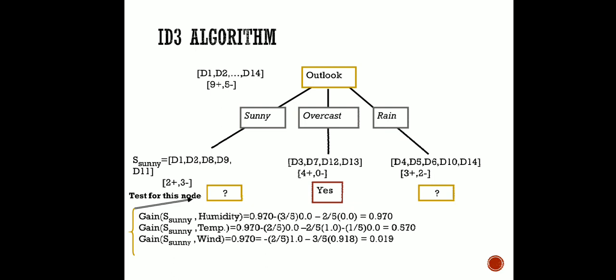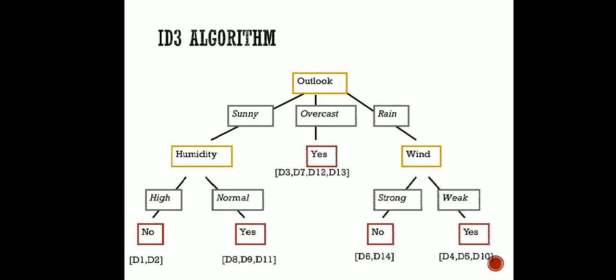We can reach the decision here because whenever the entropy is 0, there is only one choice and no other. Whenever the humidity is high, the answer is a definite no. Whenever the humidity is normal, the answer is a definite yes. So we have successfully made the left branch.